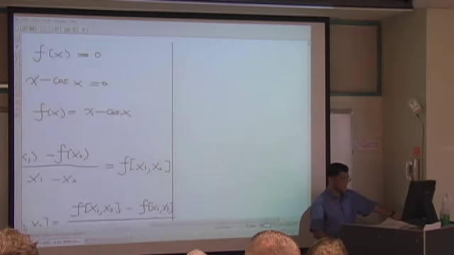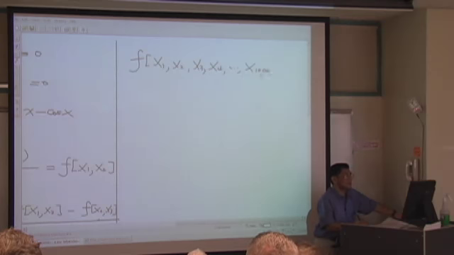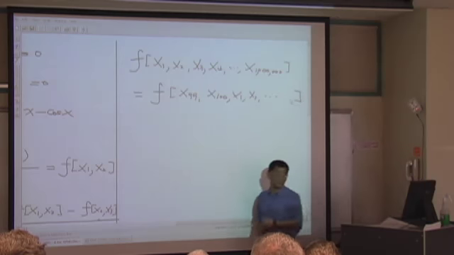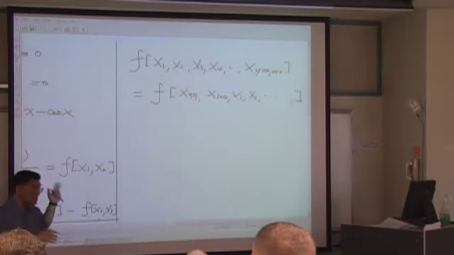Generally, f of x1, x2, x3, x4, we can extend anyway, up to x1 million, and can be shuffled anyway, x99, x100, and then x1, x2. Shuffled anyway, and it will be the same, generally. So no matter how you order, the result is the same.